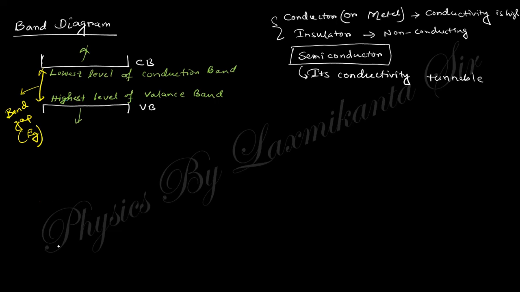So in terms of band diagram, if you draw the band diagram of metal, semiconductor and insulator, it becomes like this. In metal, there is a huge number of electrons which can conduct, as well as valence electrons. So this is the band diagram of metal. In this region, there is a superposition of the conduction band and the valence band.